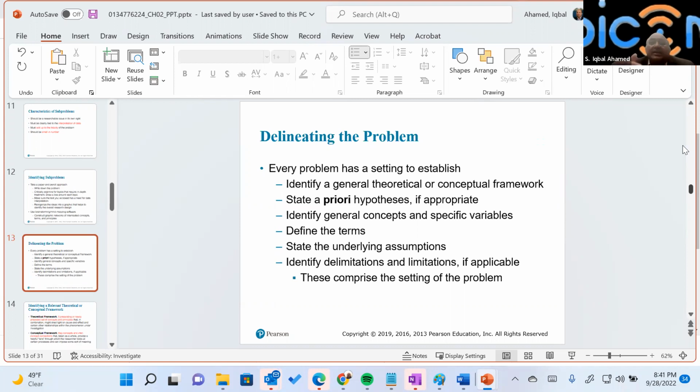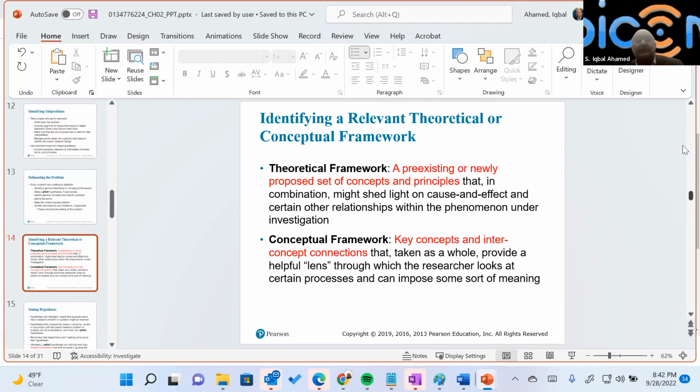You really need to state all the assumptions, and then write down the delimitations and limitations. What you are really addressing, what you are not addressing, right? So what is out of the box? You should have the idea of what you are solving, what you are not solving, and what the relationship is. All those really help for the particular problem you are addressing.